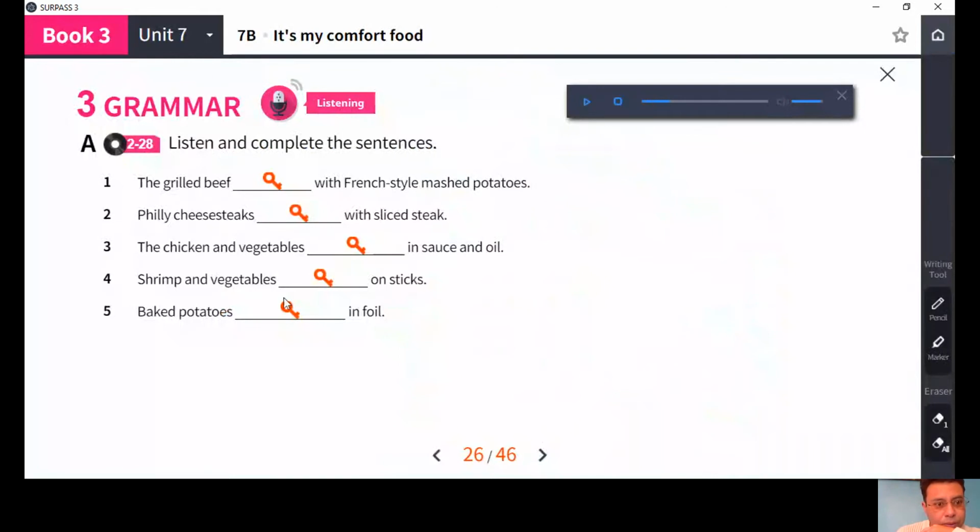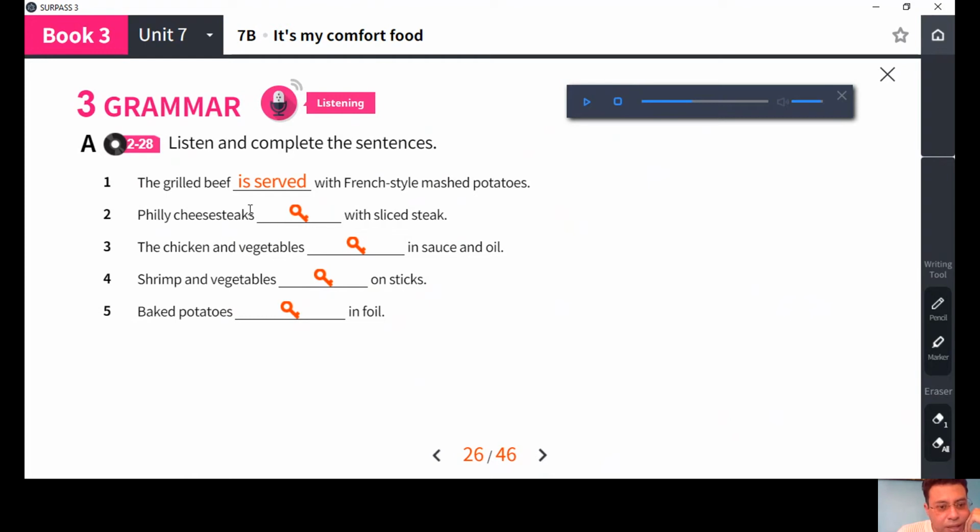So the grilled beef, and the answer is served. Remember that the grilled beef is singular, so we use is, and the verb is regular, so we use ed. The next one: in this case, we have Philly cheese sticks.